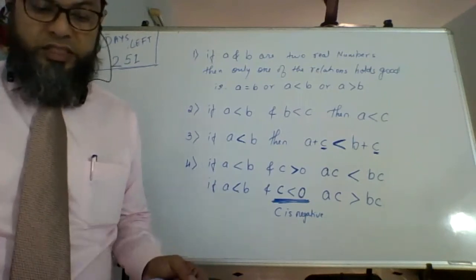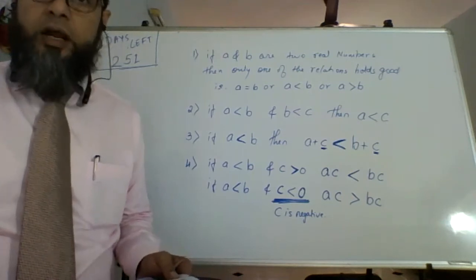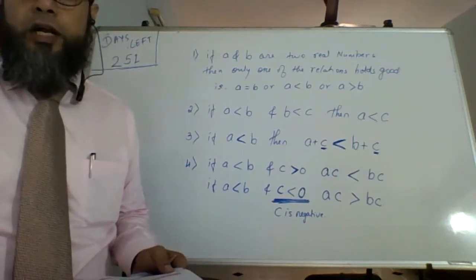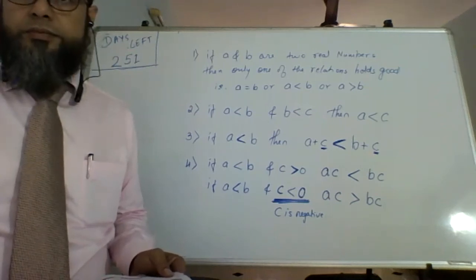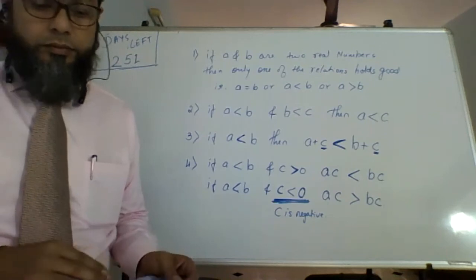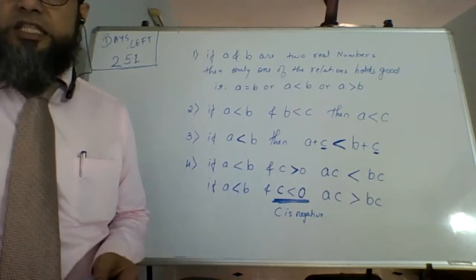These are important things. And then we are going to see rationalizing the denominator, which is very, very important, which you are going to use even in higher classes. Hopefully next week we should be able to finish this chapter.